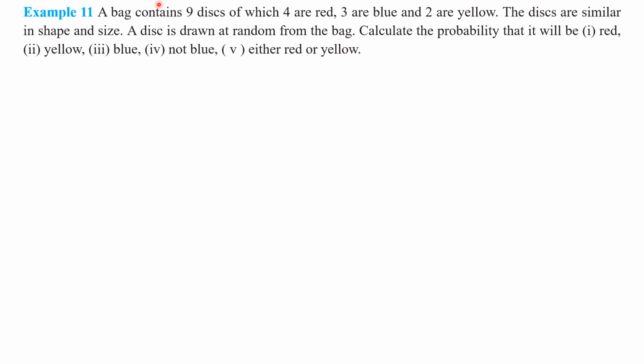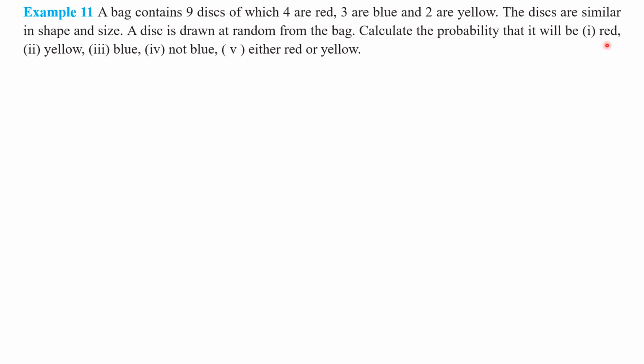Here, how many discs are there? Total 9 discs are there, out of which 4 are red, 3 are blue, and 2 are yellow. And one disc is drawn at random from the bag. We have to calculate the probabilities of these 5 events.